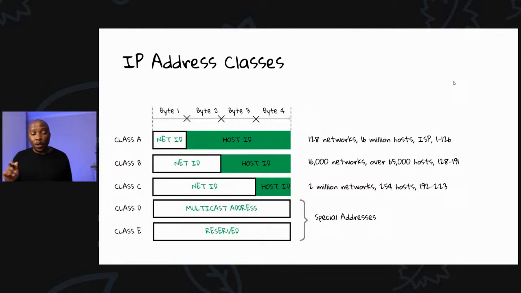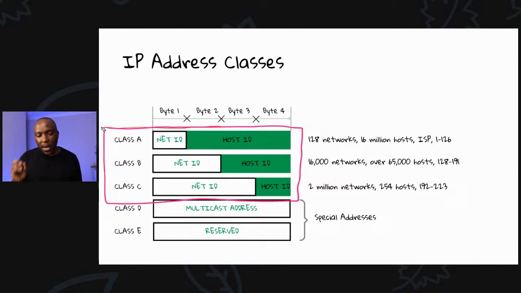So what I want you to take from this slide is this part. Okay, this part is the most important part. Just be able to know that a class A is the first 8 bits network ID, class B is the first 16 bits network ID, class C is the first 24 bits network ID.